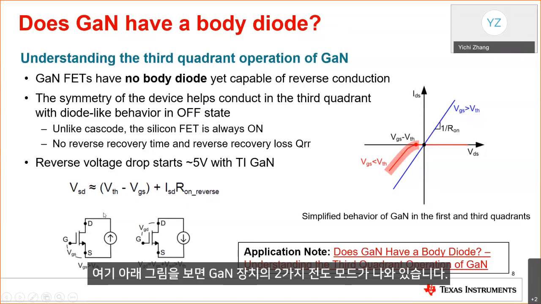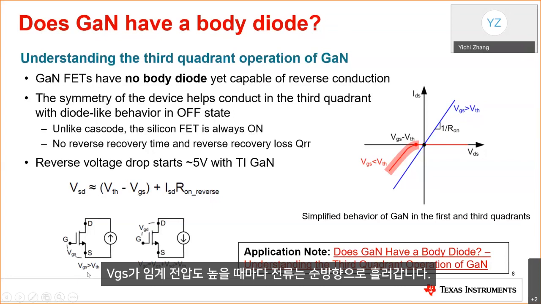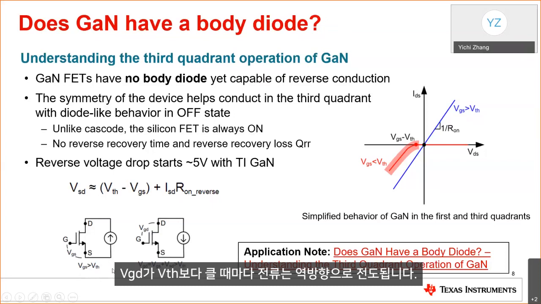If you look at the figure down below, this shows two different conduction modes of the GaN device. Whenever you have VGS greater than threshold voltage, the current will be flowing in the forward direction. And whenever VGD is greater than VTH, the current will be conducting in the reverse direction.